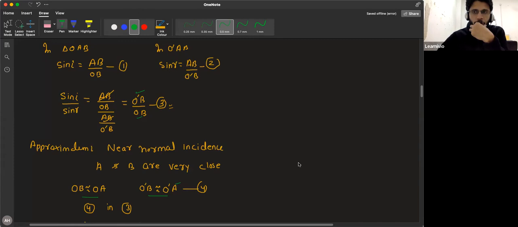Did you draw the ray diagram? Yes, sir. In the ray diagram, can you see triangle OAB? Yes, sir. So what is sin i? It's perpendicular by hypotenuse.